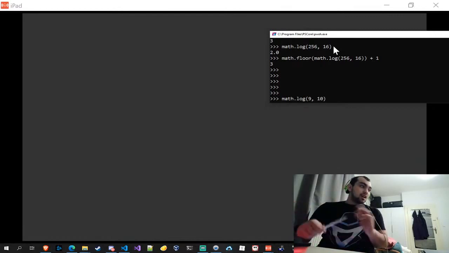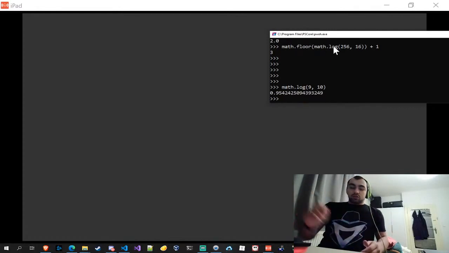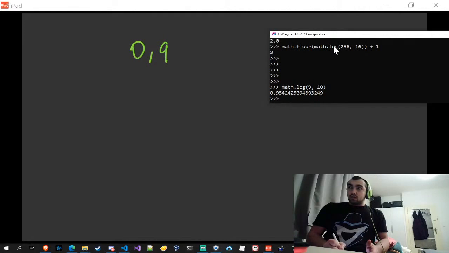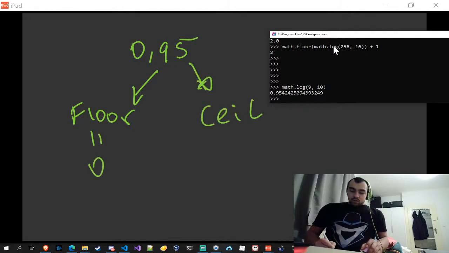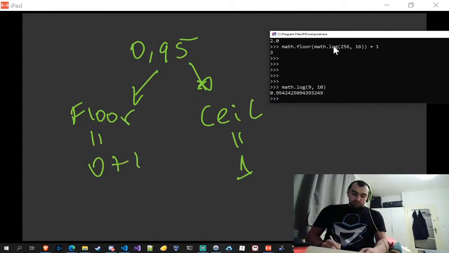And we all know that the number 9 in base 10 requires only one digit. The result of this is 0.95. If you floor this, it's going to be equal to 0. If you ceil this, it's going to be equal to 1. Now, if you proceed to flooring this, you have to add 1, which is going to be equal to 1 at the end. So these two values are the same.